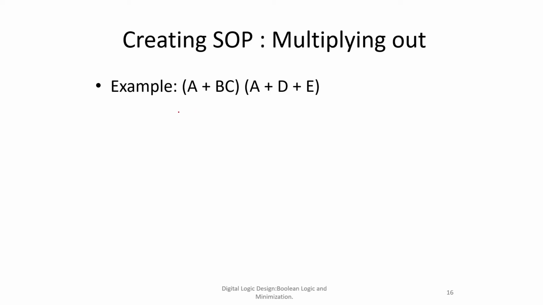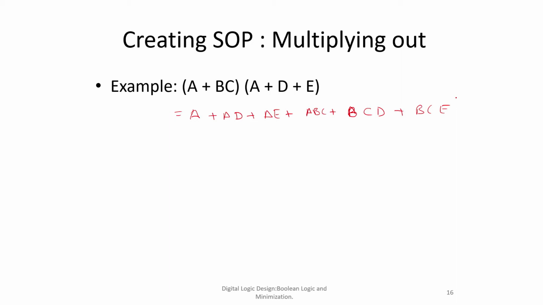A multiplied with A will still remain A. Then AD plus AE plus, now A has been multiplied to all these three terms, now BC would be multiplied to all these three terms. I can write ABC plus BCD plus BCE.